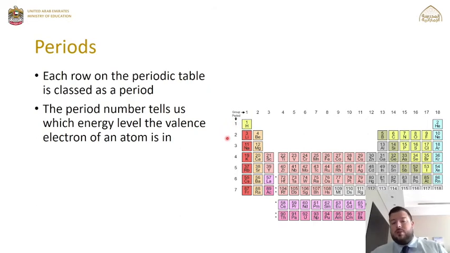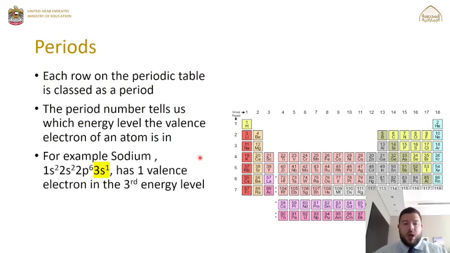If I go to period 2, the valence electrons must be in principal energy level 2. If I go to period 3, they must be in principal energy level 3, and so on. If I take sodium as my example again, the highest energy level was 3, and sodium is in period 3, because that valence electron is located in the 3rd principal energy level.